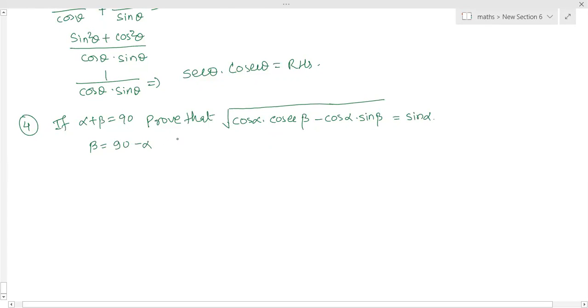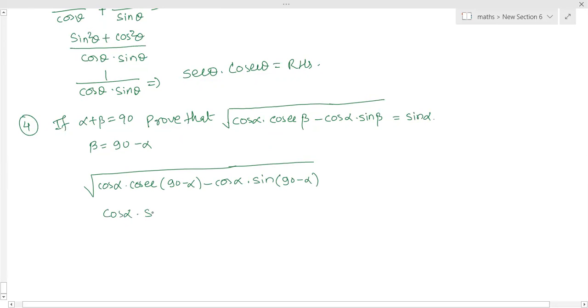And then root cos alpha into cosec of 90 degree minus alpha, minus cos alpha into sine of 90 degree minus alpha. So then it will become cos alpha into sec alpha minus cos alpha into cos alpha.